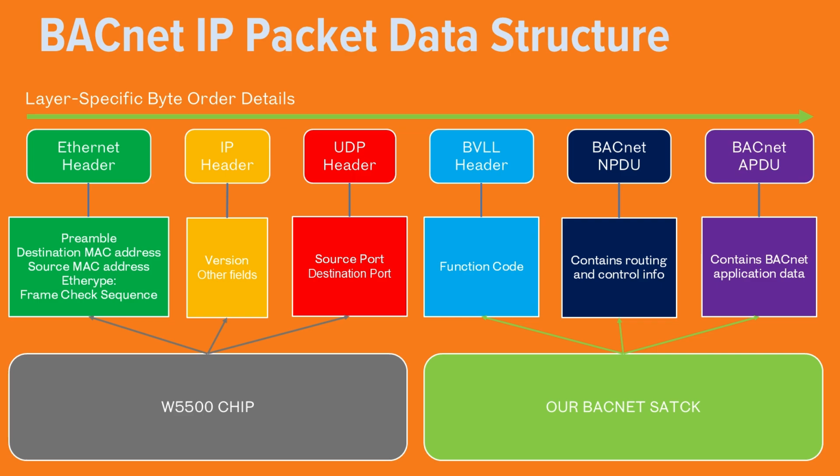APDU, the application protocol data unit, contains the actual BACnet application data, including services like who is, I am, read property, or write property. So, by following the big endian format, both the chip and our firmware ensure that all devices on the network interpret the packet data correctly.